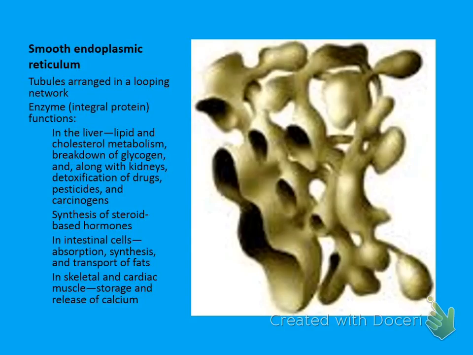So you can make a fat from these smooth endoplasmic reticulum. And in the skeletal muscle and the cardiac muscle, they have a lot to do with calcium release. They make it so that we release calcium in the proper times, in the proper quantities, so that our muscles can contract. They make the actin and myosin molecules work better by supplying the calcium necessary for this reaction to take place.